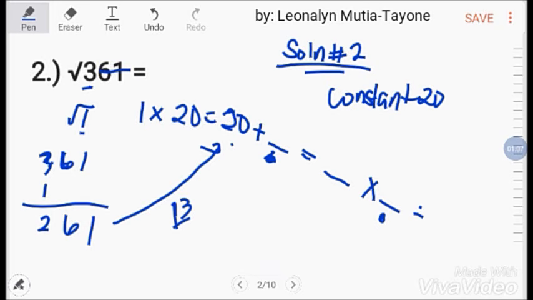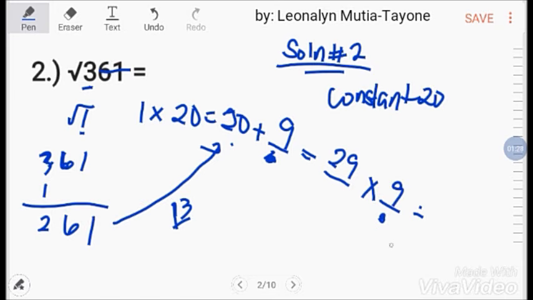Pag like 10, 20, 30, mas madali siyang i-multiply mo. Mas nakakabilis siya sa oras mo. So, 261 divided by 30, around 8 plus. So, kung 8 plus, gagamit tayo ng 9. 20 plus 9 equals 29.